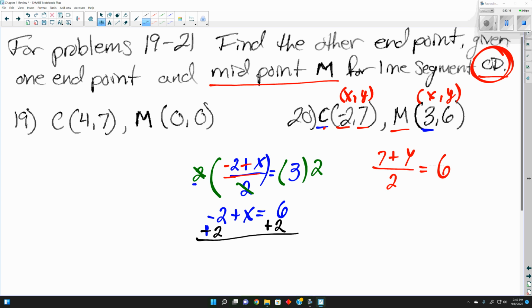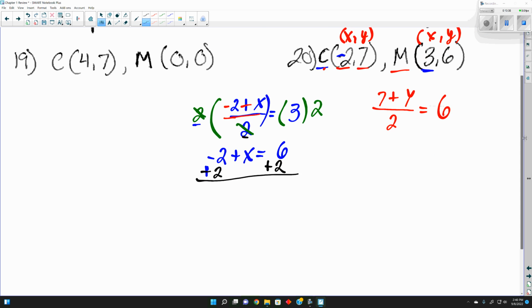Because this 2 and this 2 cancel out completely. And in the beginning, the starting problem is negative 2. Yeah, the printer probably didn't print it well enough, but there is a negative right there. Yes, I'm going to try to make the next one a little bit darker. So it's telling us x is equal to 8.